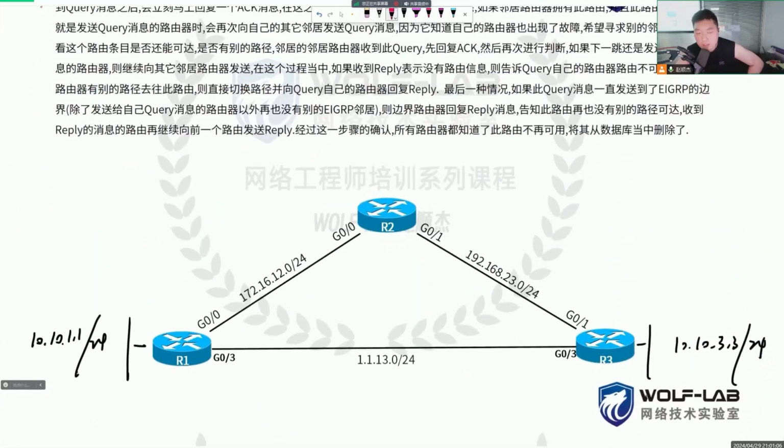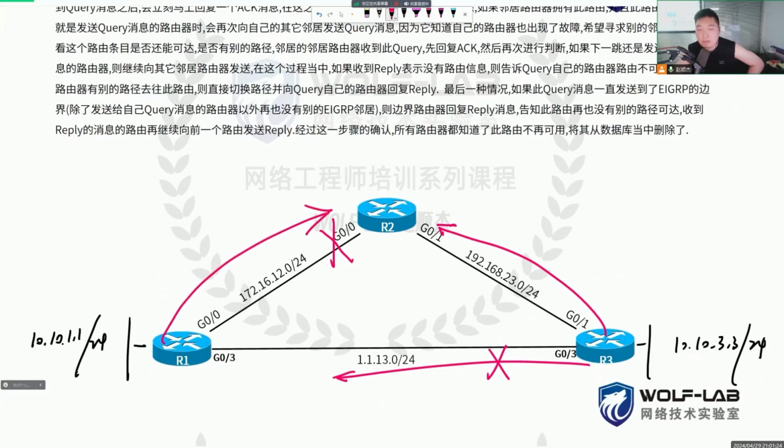Then on R2, we filter out from R3 the 10.10.3.0 route given to us. Then let go of the one from R1, the 10.10.3.0 route given to us.